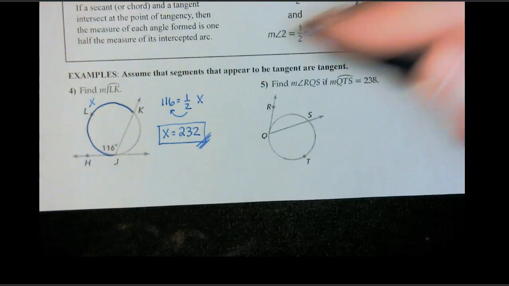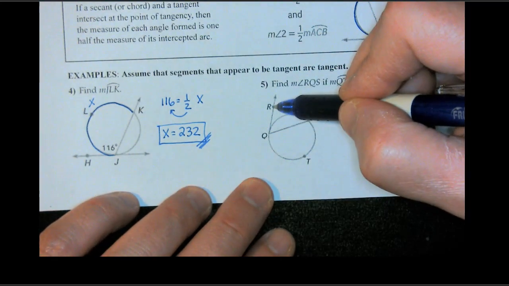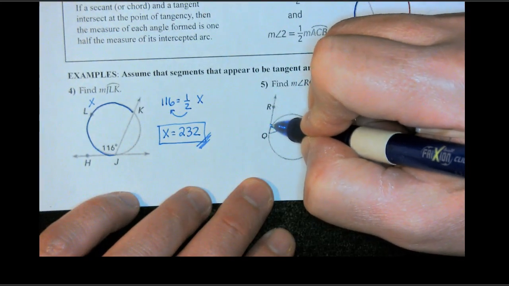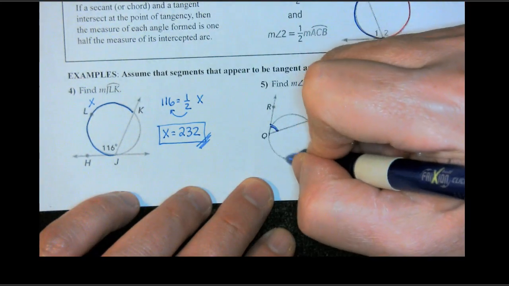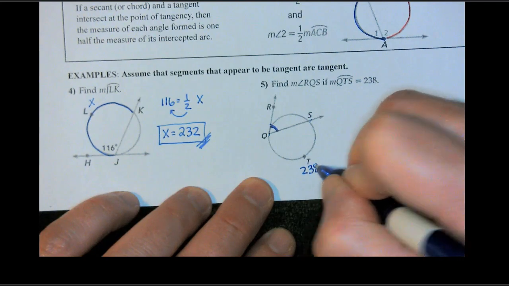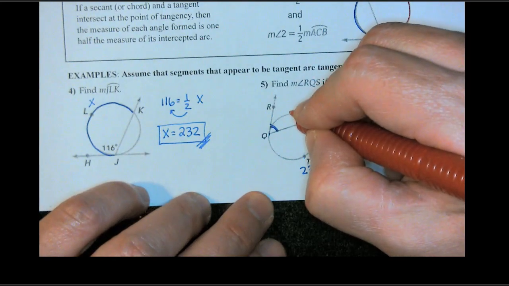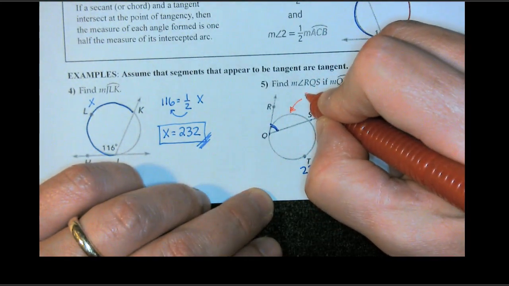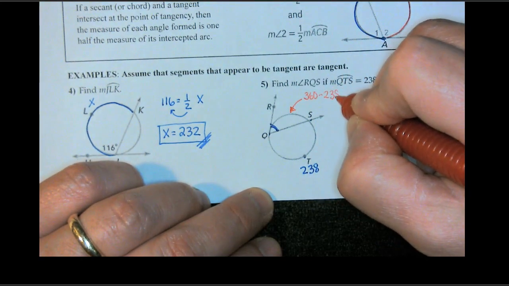All right, the next problem says, find the measure of angle RQS. So we're looking for this angle right here. If QTS is 238, this is the information that was given to us. First thing I need to do is find the measure of this arc, which would be 360 minus 238.